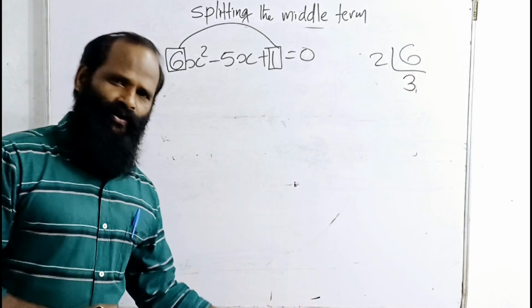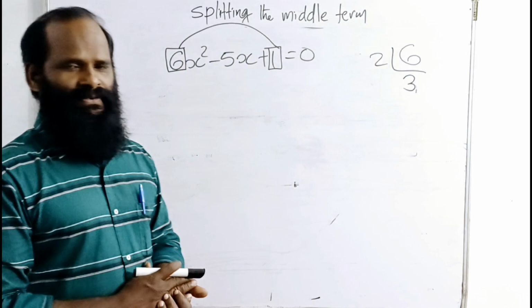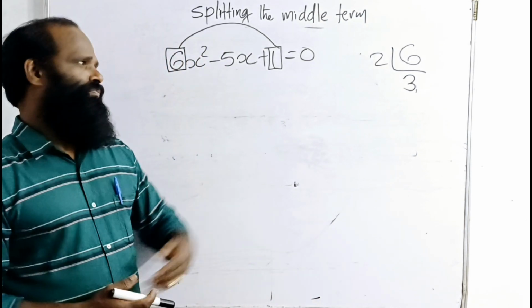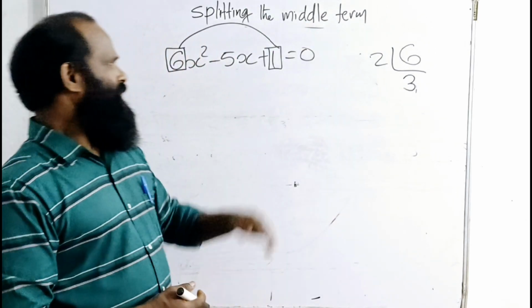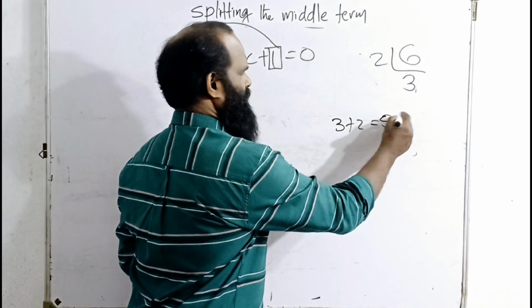I don't have to go further. Finished. And I've also got the numbers I've been searching for: 3 and 2. See, 3 plus 2 is equal to the middle number.